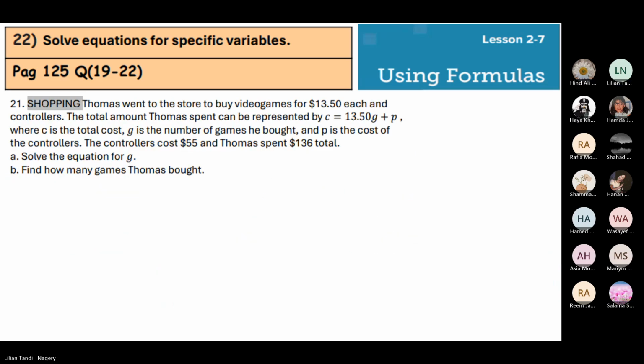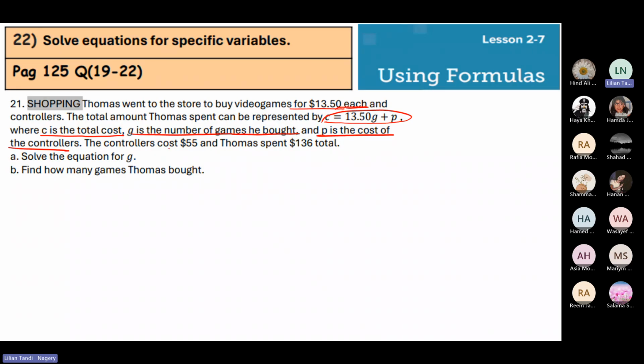All right. Thomas went to the store to buy video games for this amount each, and controllers. The total amount Thomas spent is represented by this formula, where C is the total cost, G is the number of games he bought, and P is the cost of the controllers.